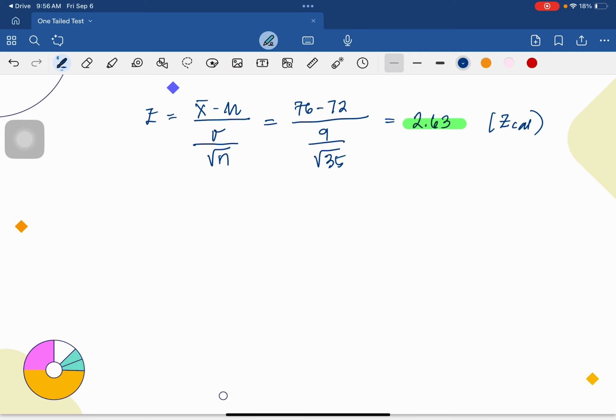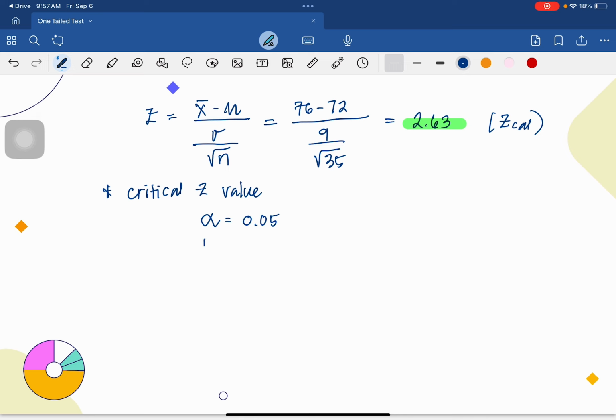So we now have to get the z critical, the critical z value. For this, we have to consider the significance level. Our alpha here is 0.05.